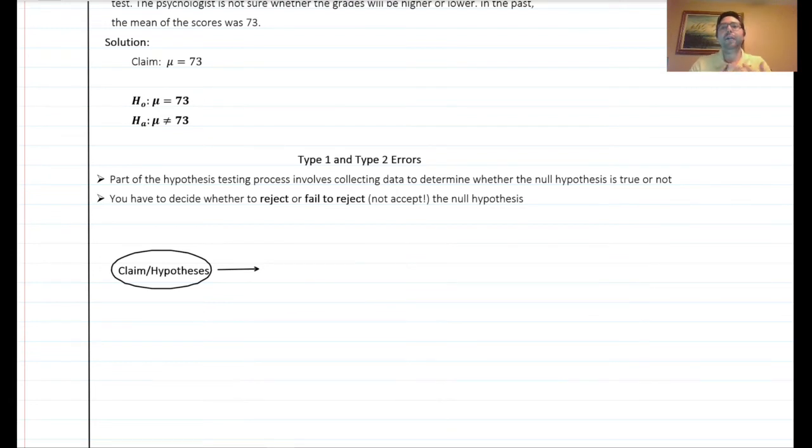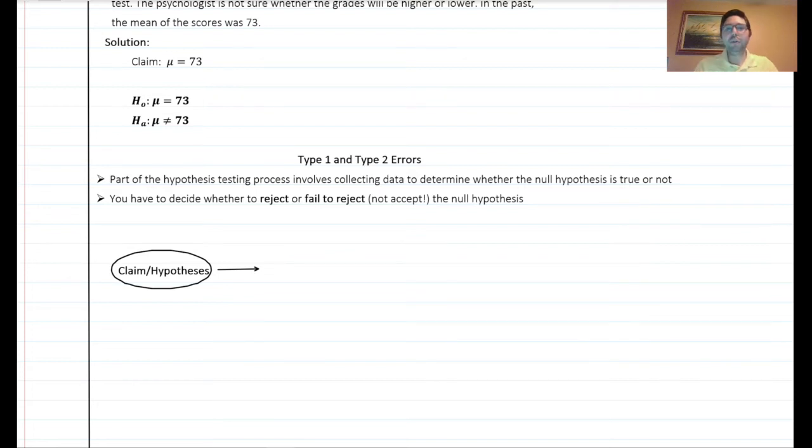So far, you have a claim that you want to test, and you have to make a hypothesis based off of that claim. So the first part of the process is the claim and hypothesis step. The next part involves collecting data to determine whether the null hypothesis is true or not.